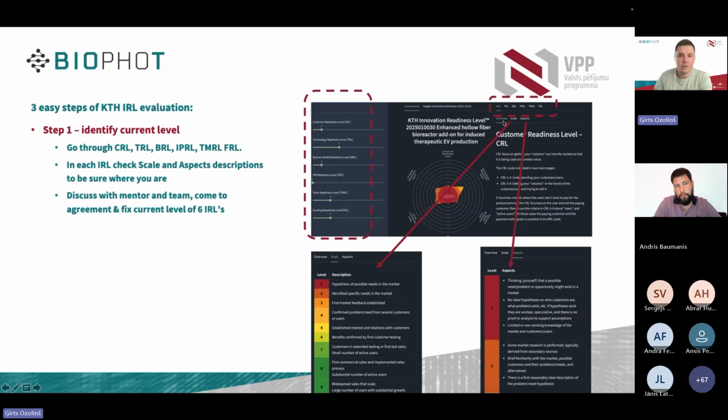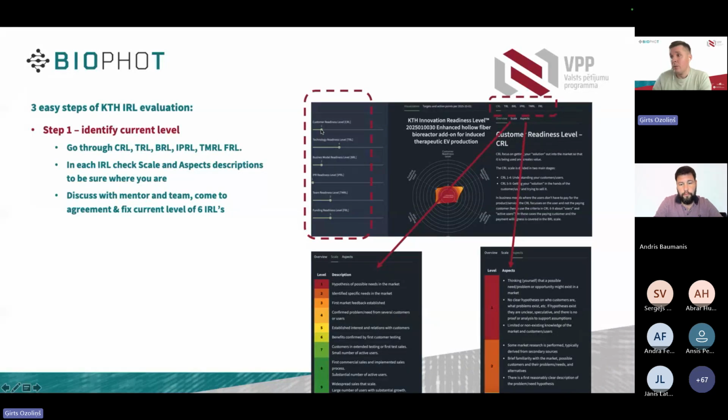Each level has its own overview, which is general, and then the scale from 1 till 9. Then there are aspects, the more in-depth descriptions of what each scale means. I can also call them deliverables, which need to be fulfilled or completed. Then I have fulfilled this scale number 1, for example. And then we will go through each of these scales together with the team.